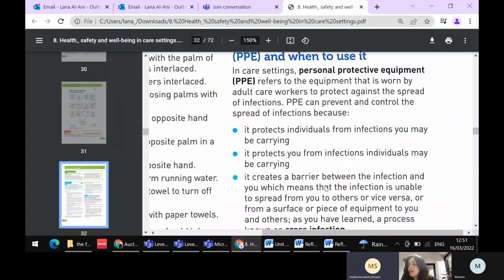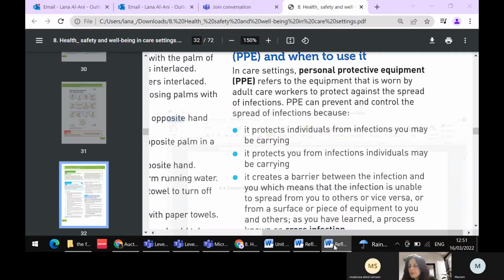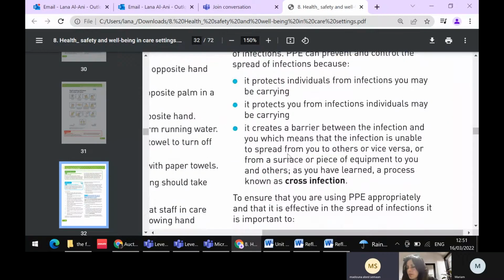So I always use an apron, I always use gloves, I always use a face mask when it is needed. And now the question says, demonstrate the use of personal protective equipment and when to use it. When do we use it?